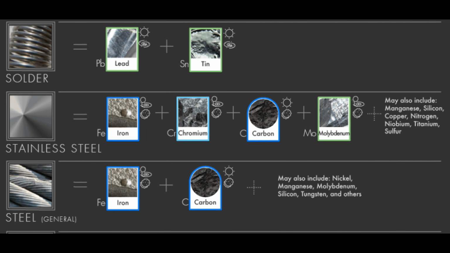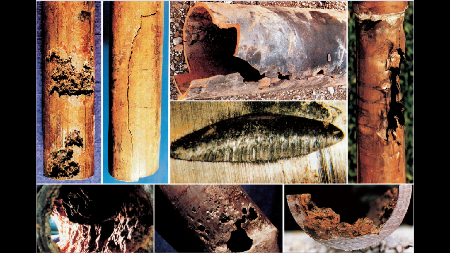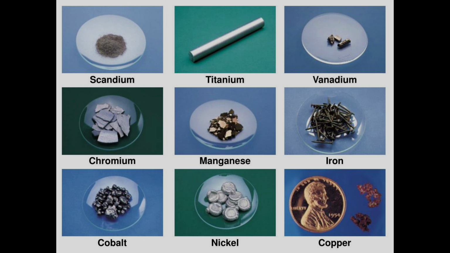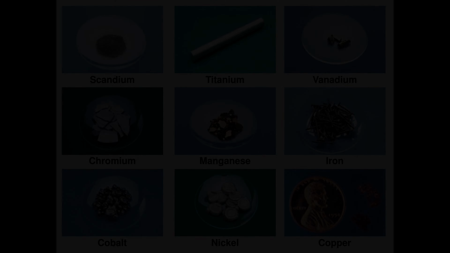Let's face it, just plain old cast iron or carbon steel, if it's out in the elements or exposed to salt water and things like that, it's going to pretty rapidly corrode. And so it was discovered that by the addition of mainly chromium, but also nickel, you can dramatically improve the corrosion resistance of steel, and that's what brought about the category of stainless steel.